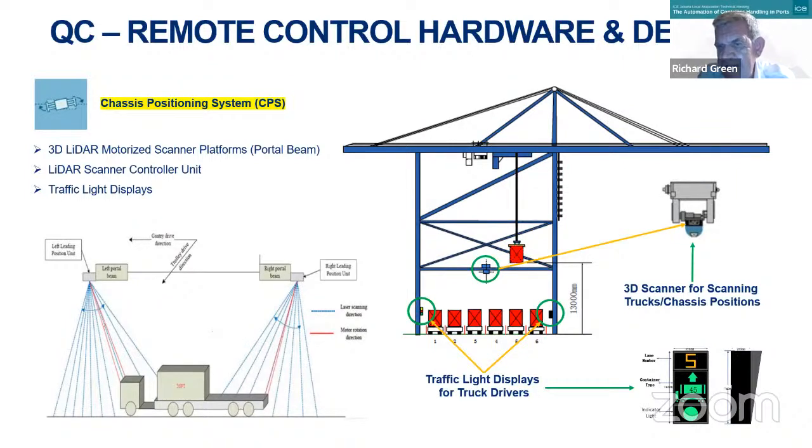We have a 3D scanner that scans for the truck and chassis positions. And on the left, you'll see a schematic indication of how that operates. We've got two portal beams, one on the left portal, one on the right, and it scans to find out where the truck and the trailer is, in order to put it in the right position to receive the container.